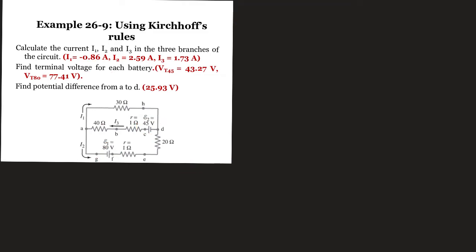But what you need to understand is that before you find the terminal voltage, you need to look at your answer in part A, because if you get a negative current, you need to fix that first before you use the charging or discharging formula. Here I1 is negative, but there's no battery there. My I3 and I2 are both positive, which means the direction is correct.